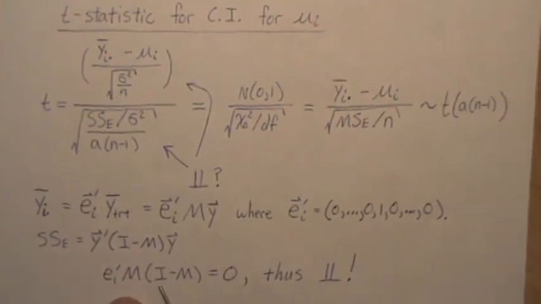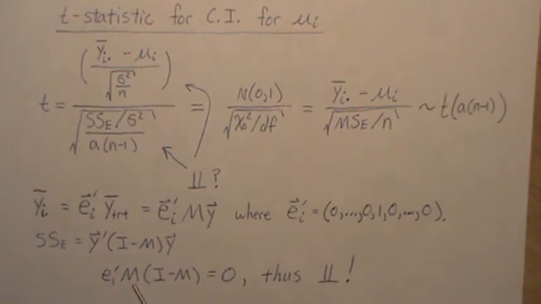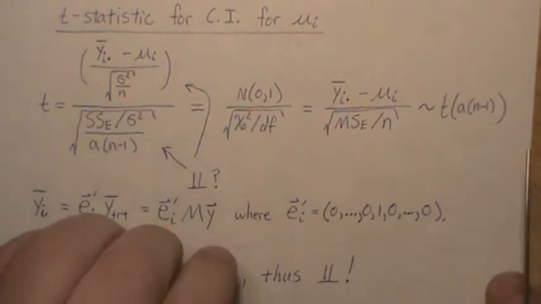But we instantly know that they are, because this is the perpendicular projection matrix on the column space of X, and this is the perpendicular projection matrix onto the orthogonal complement space of X. So in order for this to be satisfied, remember M shoves it down in the column space of X, but this lives in the orthogonal complement space of X. So there's only one vector that satisfies that, and that's the 0 vector. So they are independent.